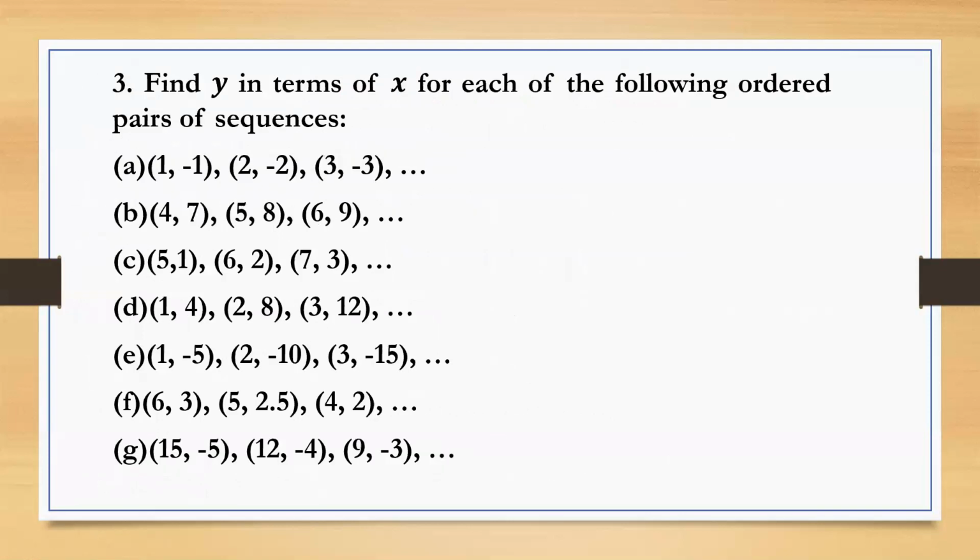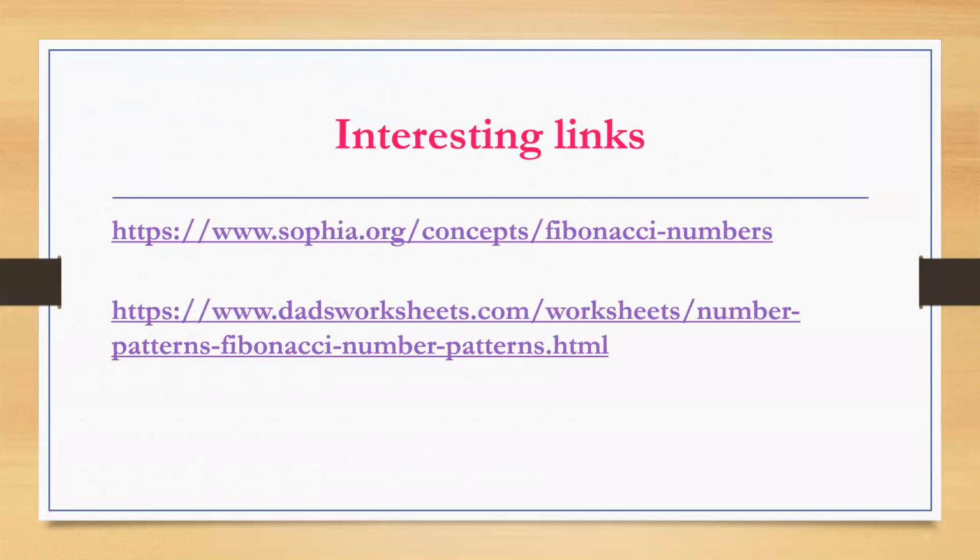And number 3: find Y in terms of X for each of the following ordered pairs of sequences. So you need to find Y in terms of X. You also have some interesting links for you to get additional practice on what we have just seen together.